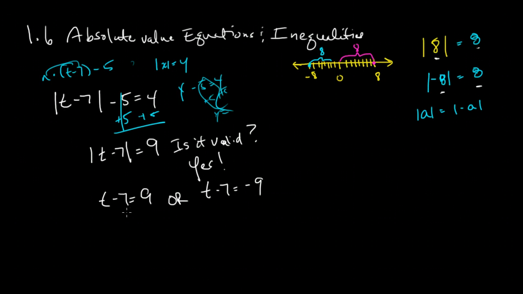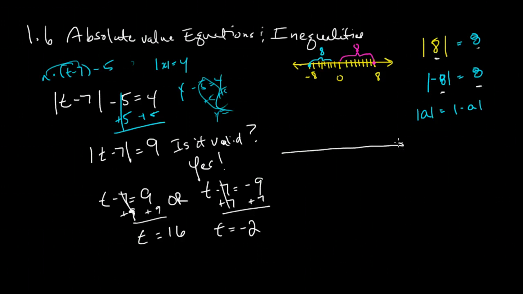And if t minus 7 were 9, that means that t would be 16. And if it were negative 9, well, that means that t would be negative 2.